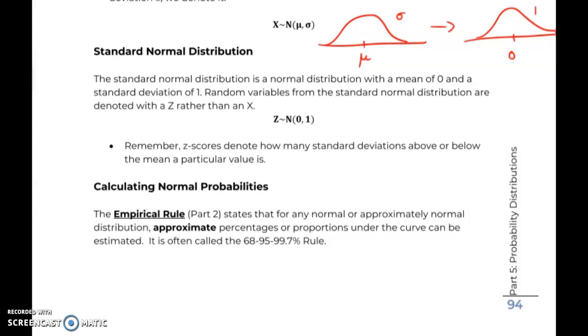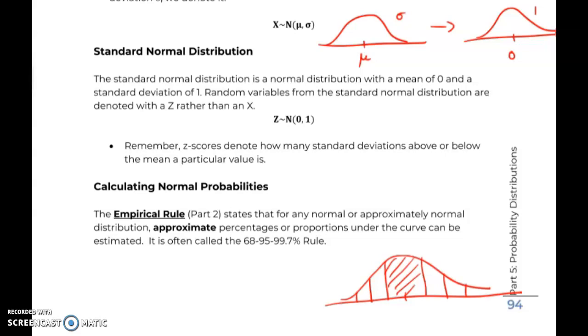One other thing we can do with a standard normal distribution and the normal distribution is use the empirical rule to actually find probabilities. And we'll go much more in depth, besides our 68, 95, 99.7 rule, which just told us that 68% of our data is within one standard deviation, 95% of our data is within two standard deviations, and 99.7% is within 3 standard deviations.